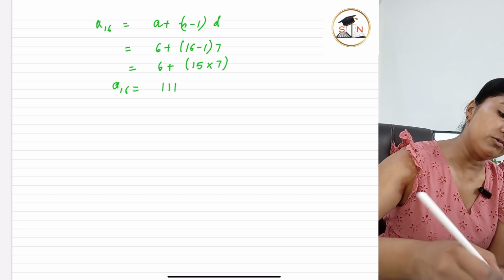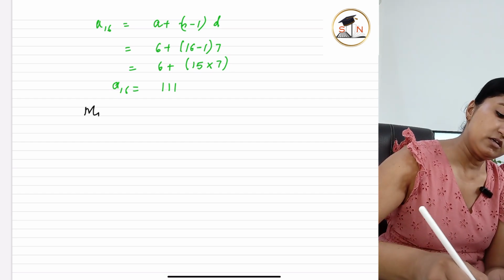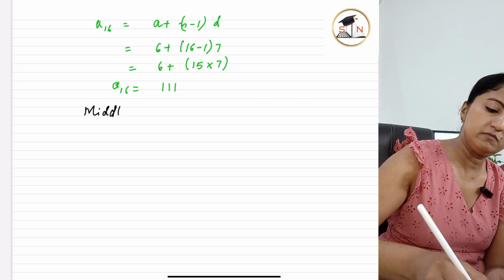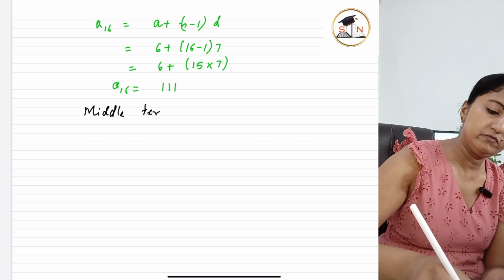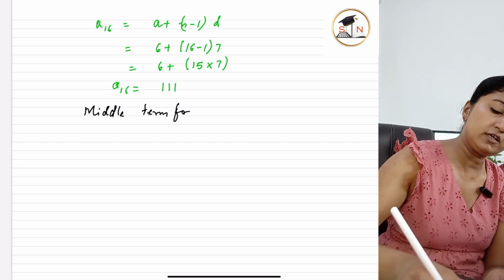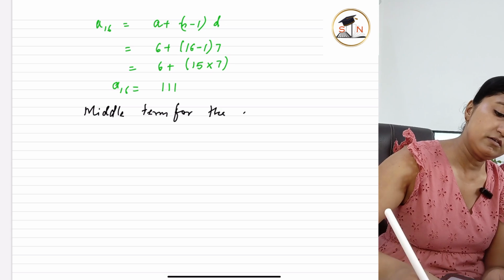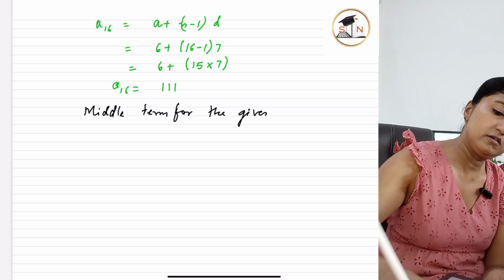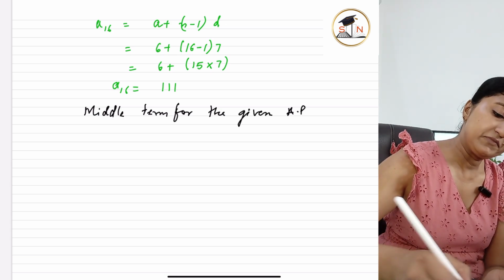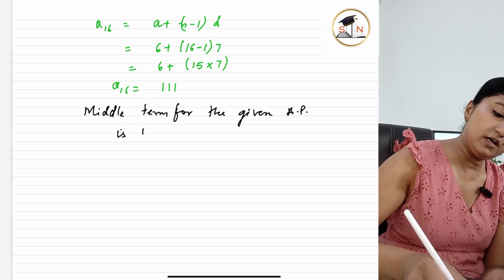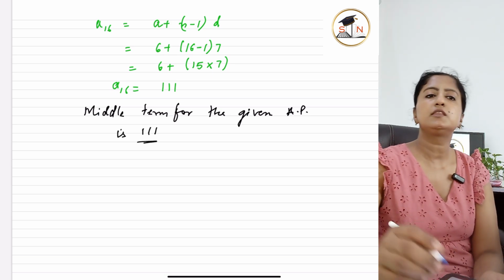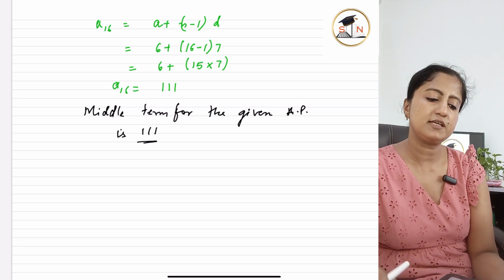Therefore, now we will conclude the middle term for the given AP is 111.